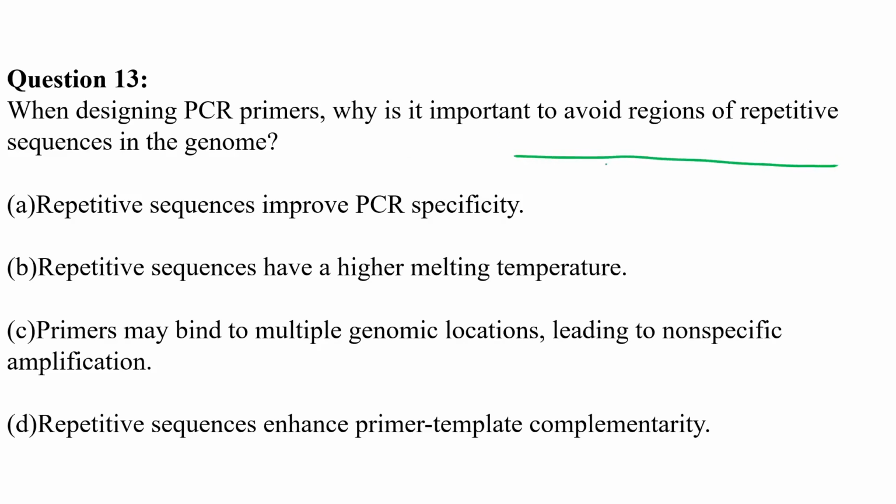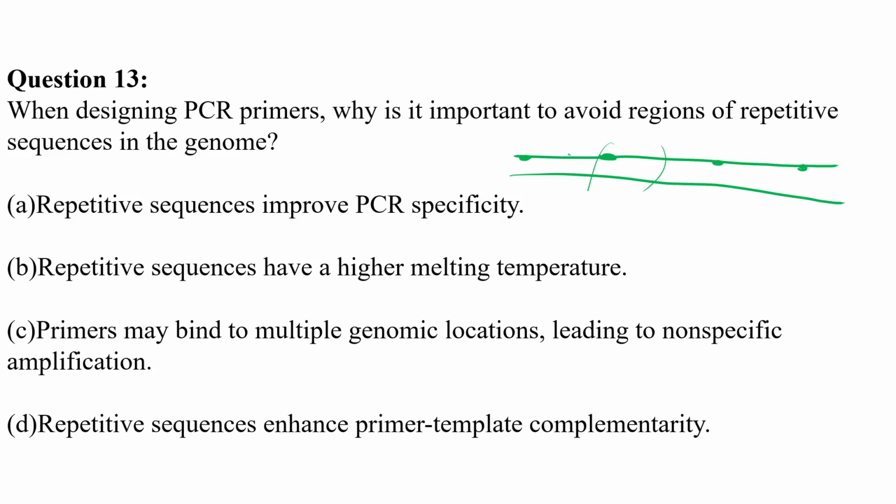If I have a whole genomic DNA and I want to amplify a particular region, but the primer that I have designed has a repetitive sequence in the genome, that means whatever sequence I have chosen in this region, that same sequence is also present in other locations in that genome.